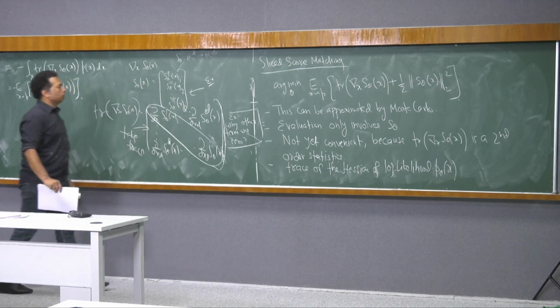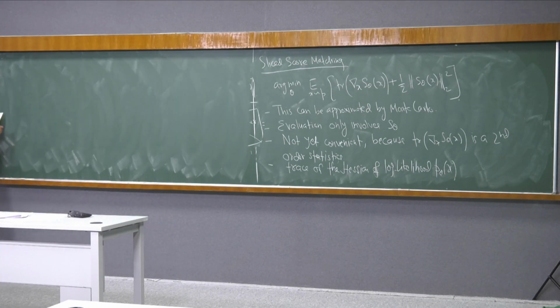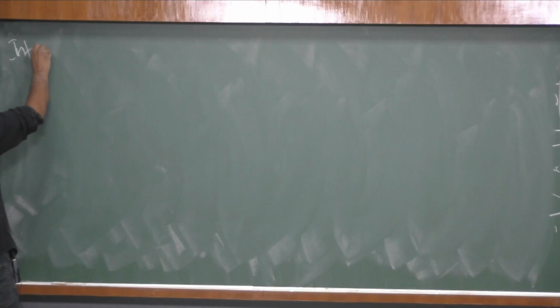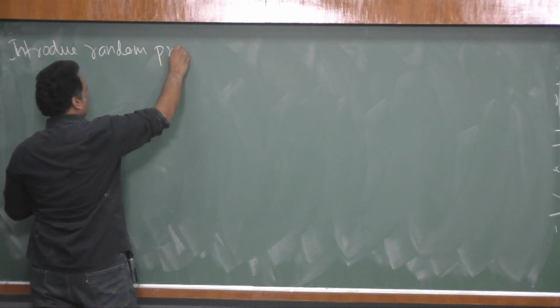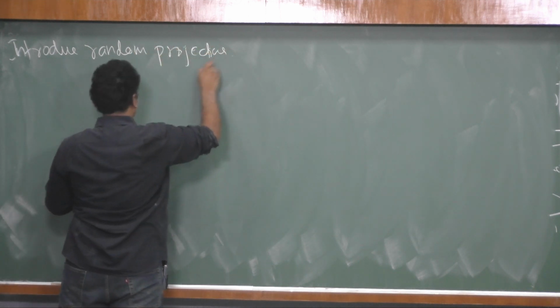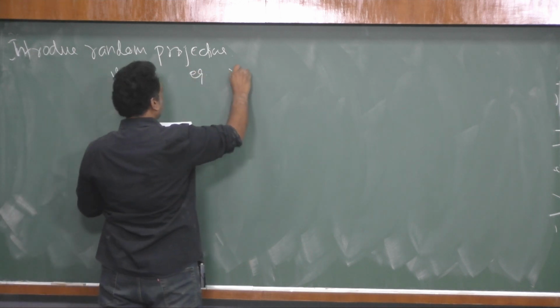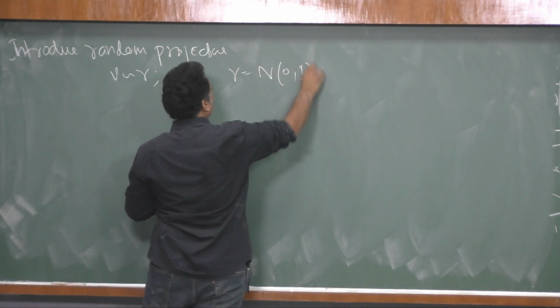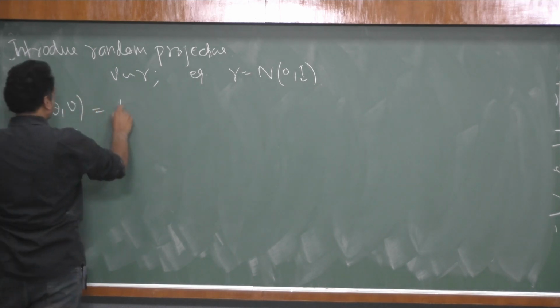As I said, the idea was to project this into some smaller dimension, so introduce some random projections, for example from the standard normal Gaussian. We'll try to project this on some Gaussian random vectors. So this will be L theta v now. It's a projected objective.